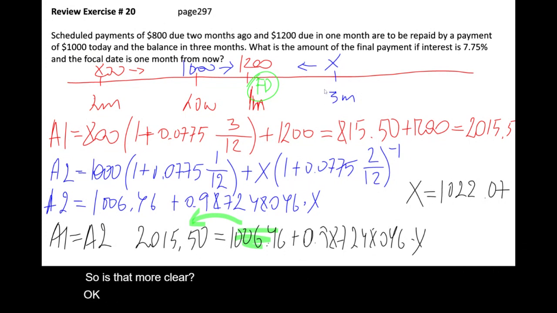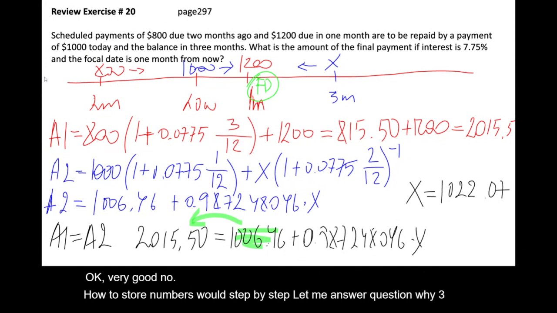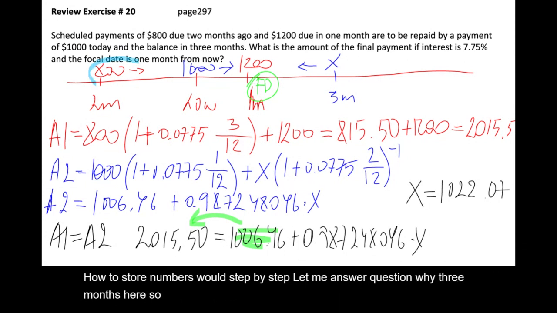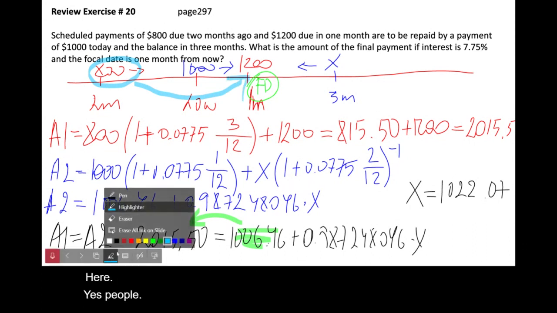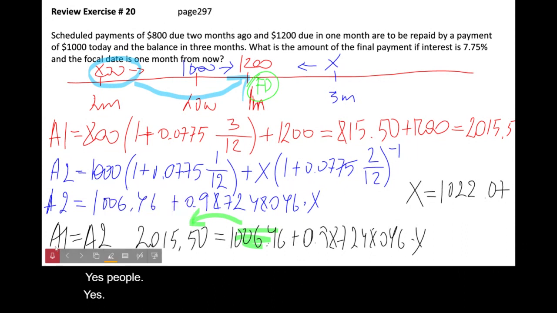Okay, very good. Now, how to store numbers? Well, step by step. Let me answer the question why 3 months here. I'm taking 800 and I move it here. Yes, people? Who asked this question?